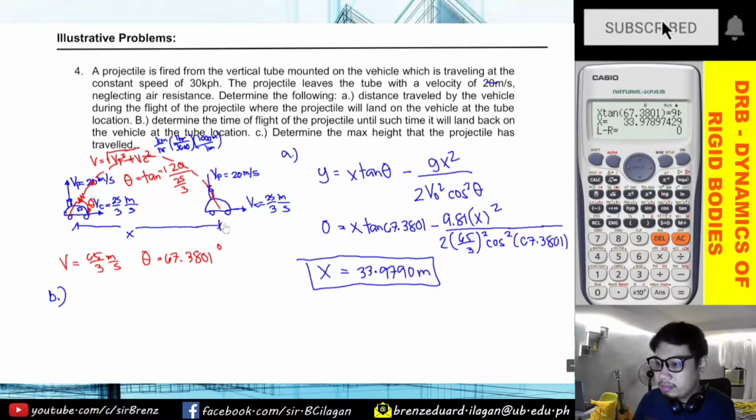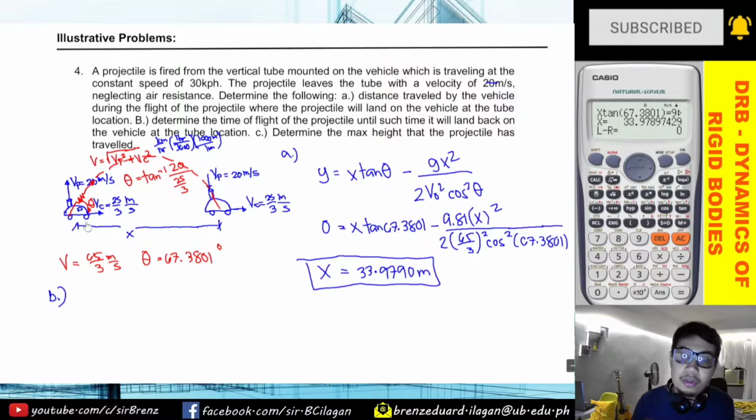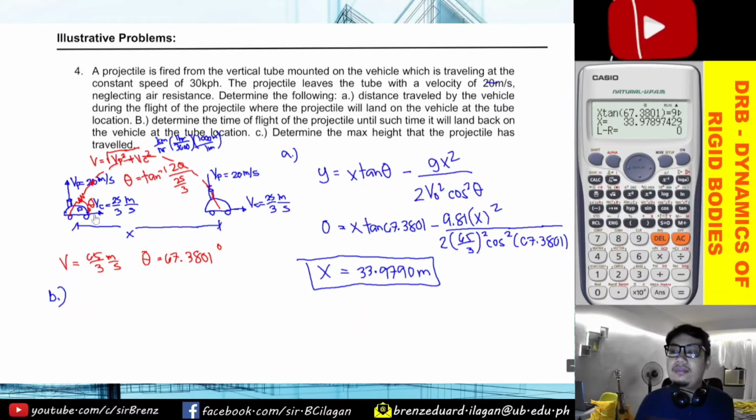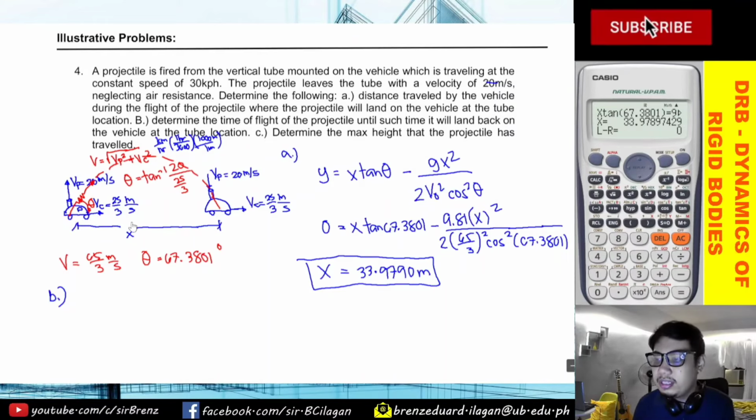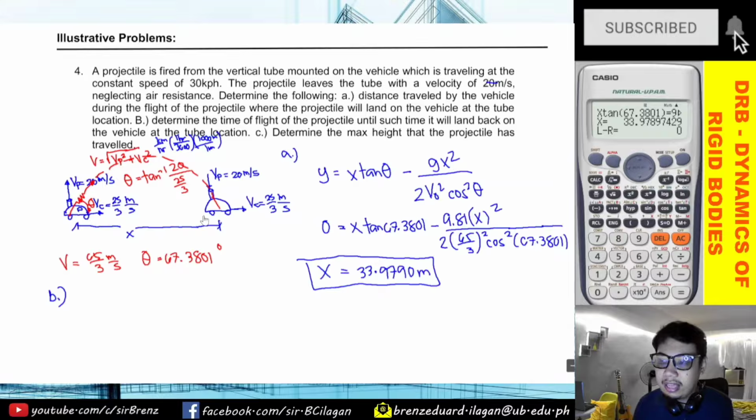So what we will do is use the x, the displacement or distance traveled. We should know that for the x component, the velocity is constant, at the initial point, in the middle, or anywhere along the x-axis.